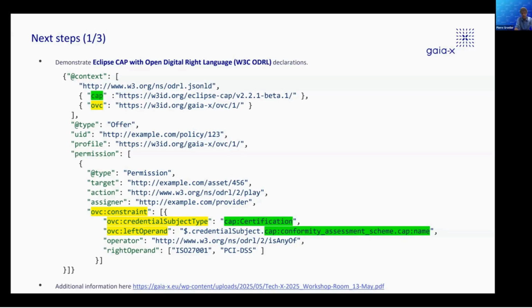And then the right operand will be the equivalent. So for example, here in that ODRL policy, you specify that this policy is a permission. And the constraint of that permission is that there is a certification of either ISO 27001 or PCI DSS. And that's how you can enforce compliance, regulatory compliance or policy compliance on top of an exchange, a data exchange.